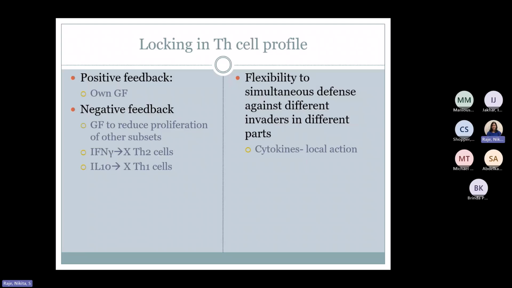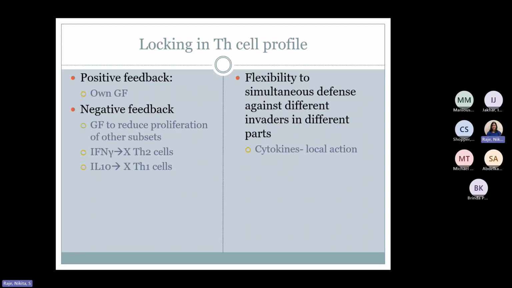However, these Th cells have a local action, wherever they are needed, and I don't mean local by one site because they can be in the circulation. But there is flexibility that if there are other sites where other subsets are needed, it's possible to have Th1 subset working somewhere, whereas Th2 or Th17 is working somewhere else. So that's how the Th cell profile is locked in.